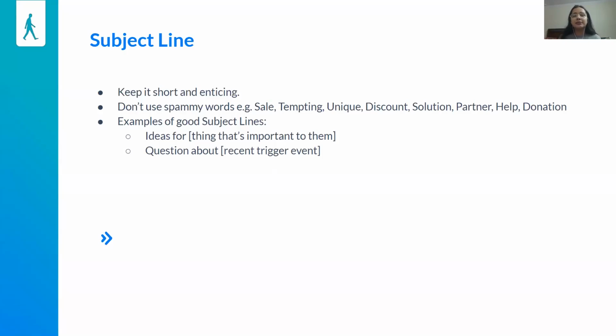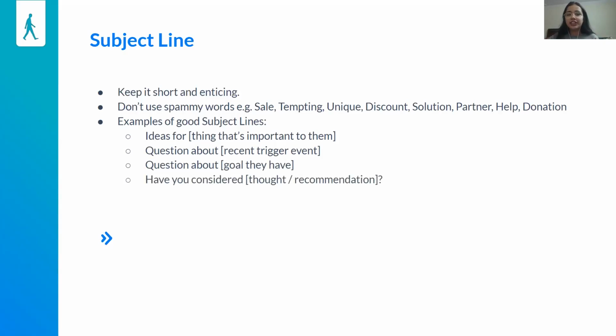You can write "questions about digital marketing" or questions about something specific that has happened to them. Then questions about a specific goal they have: "Have you considered..." Something that's going to capture their attention. A problem they're struggling with, a thought they've had recently, a project they're working on. So you use a subject line that is going to capture their attention.